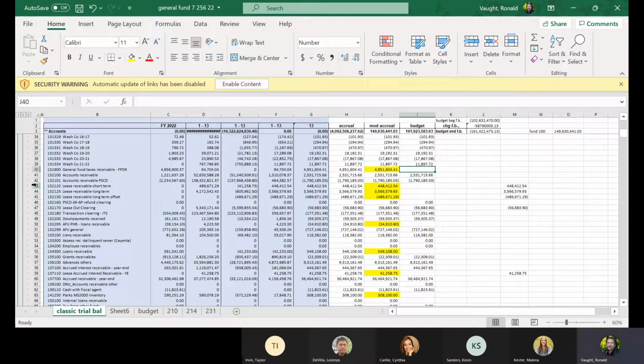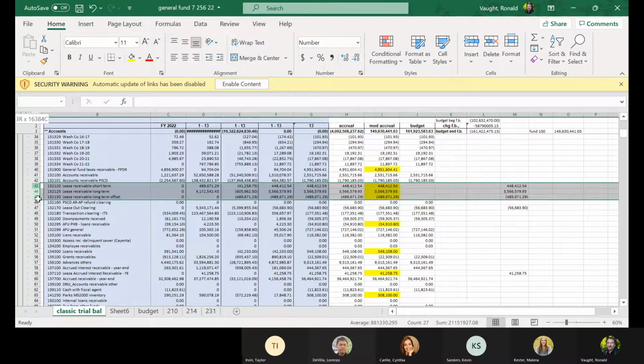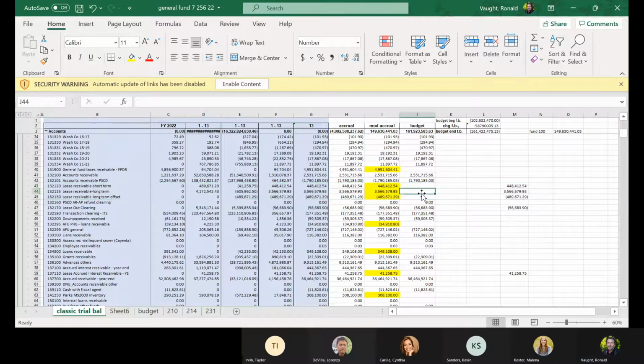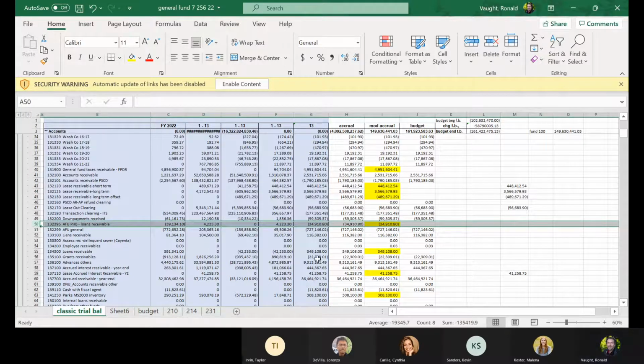And then we've got all of our leases receivable. Since we are not implementing GASB 87 for budget, none of those accounts exist here. And actually you need both of these.